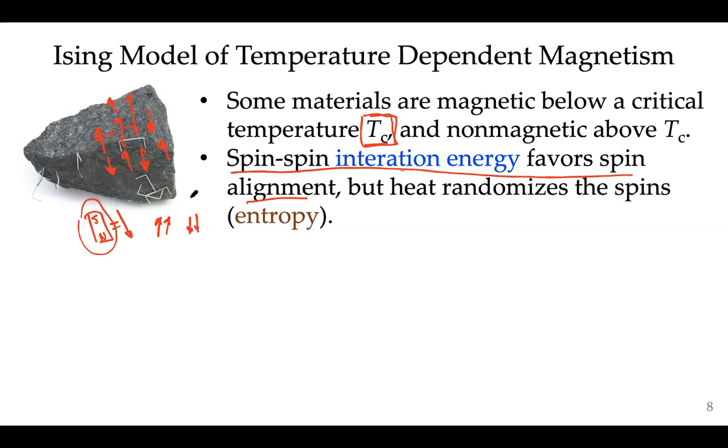If they're not aligned, like up, down, the force between them, which comes from quantum mechanical and electromagnetic interactions, would try to flip one of the spins so that they are in the same direction. But energy is not the only player here. There's also heat.